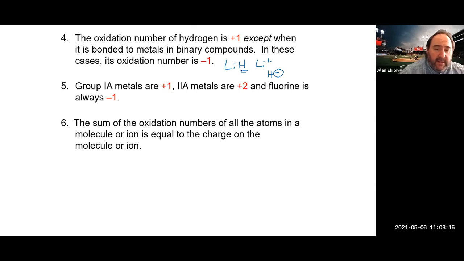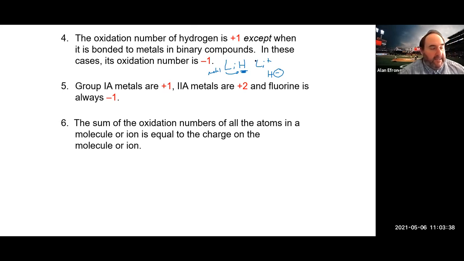So, in the case where hydrogen comes after a metal, you would have hydrogen being -1. Otherwise, it should be +1. As I mentioned earlier, group 1 and group 2 have their normal fixed charges in oxidation states: +1 for group 1, +2 for group 2. Fluorine is going to be -1.